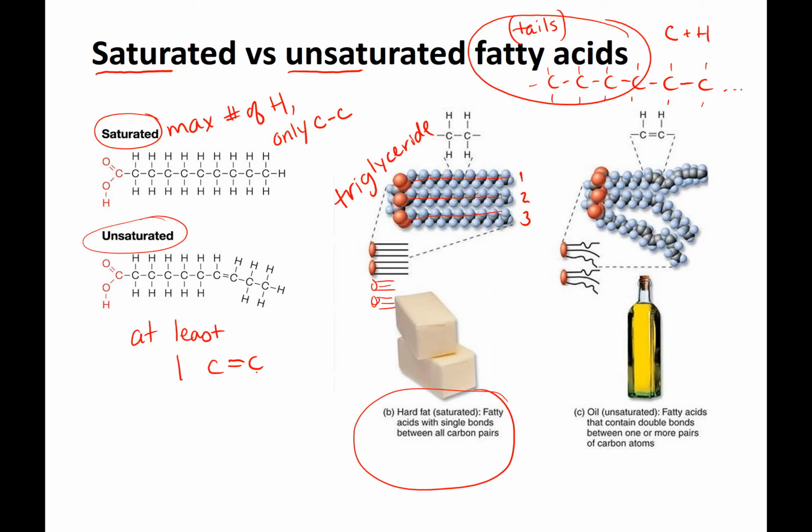And once you go from carbon-carbon, which can have 1, 2, 3, 4, 5, 6 hydrogens, to a carbon-carbon double bond that can only have 1, 2, 3, 4 hydrogens, now you're considered unsaturated. You don't have the max number of hydrogens because you have a double bond.